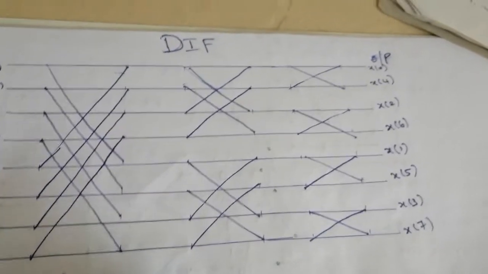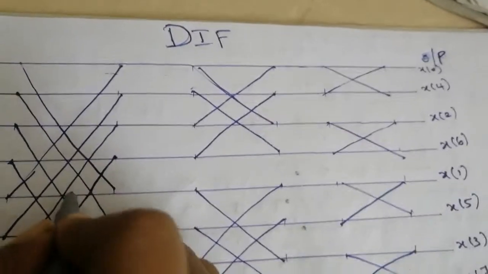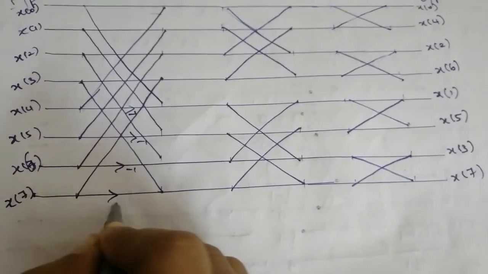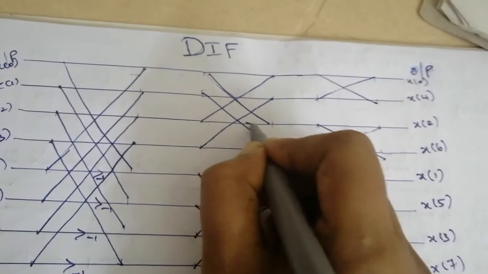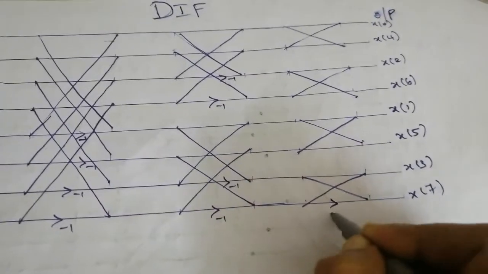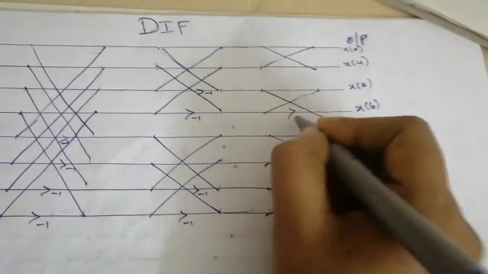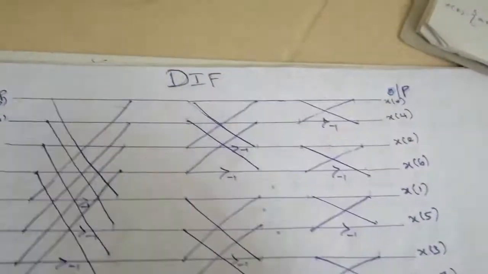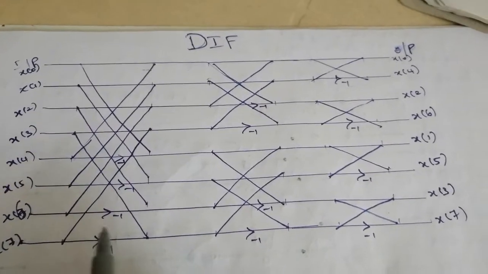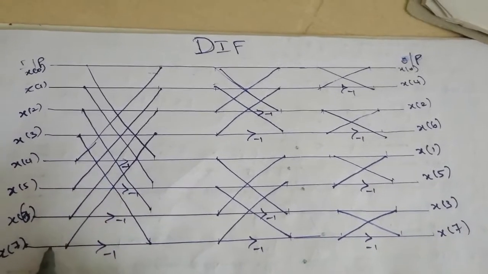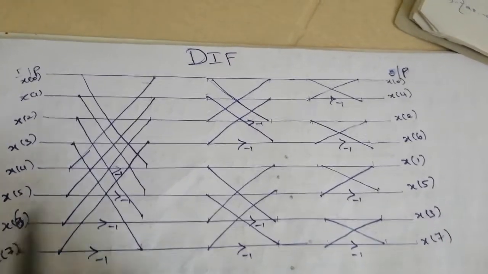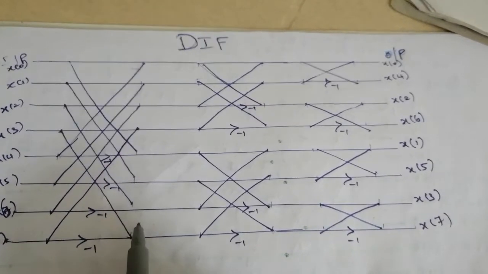So the next step is we are going to multiply the -1. So -1 is common. In DIT, what we have done, the same we have to do for DIF, right? -1 multiplication, right? But the multiplication of twiddle factor is, in DIT we have multiplied in front of these lines, but in DIF we are going to multiply on the back side of these lines.